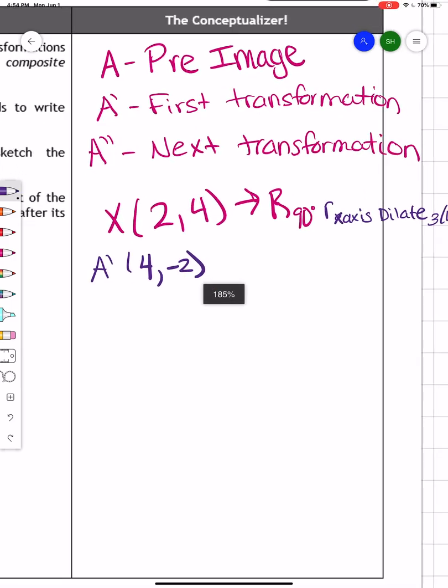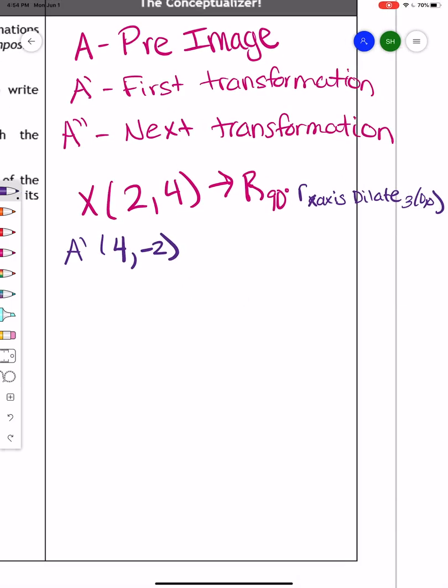Now I need to reflect over my x-axis. If you remember, that means my x stays where it is, but my y is becoming negative. So remember, this is my new x and this is my new y.